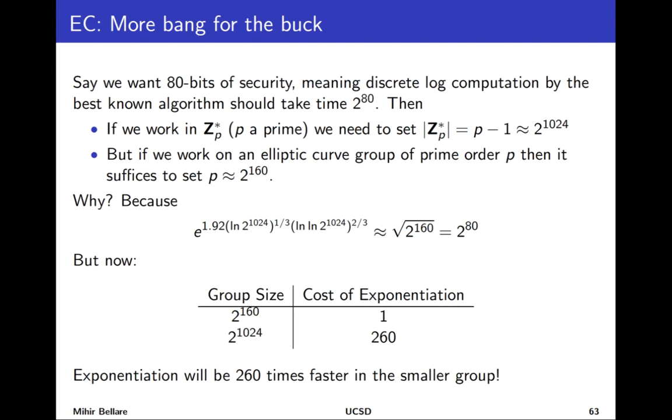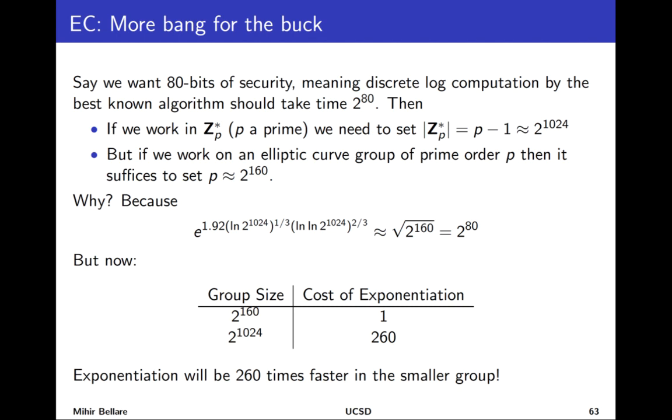Now, what is the impact of the fact that different choices of groups, integers mod a prime versus elliptic curves, have different discrete log running times? The impact is the cost of algorithms. The punchline here is that if you work in elliptic curve groups, you can get the same security while having systems that encrypt quite a bit faster.